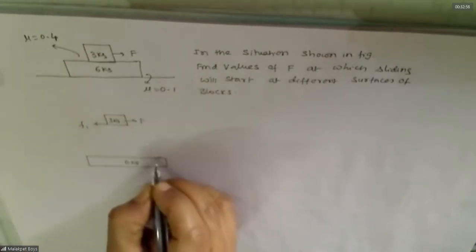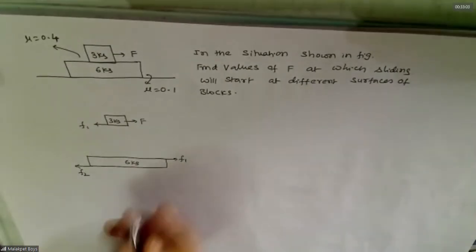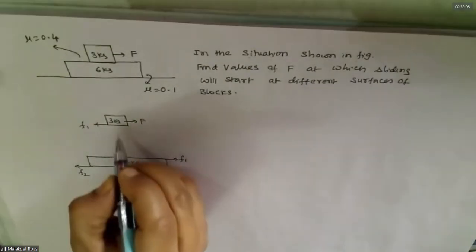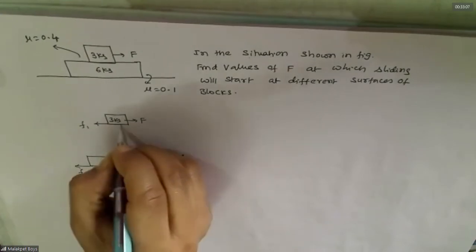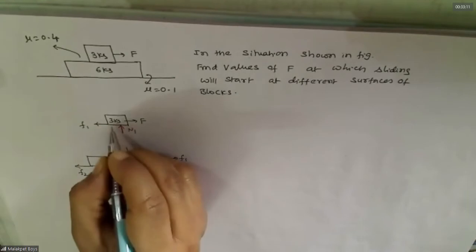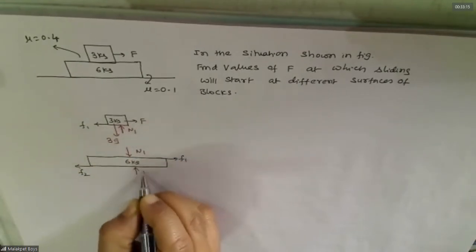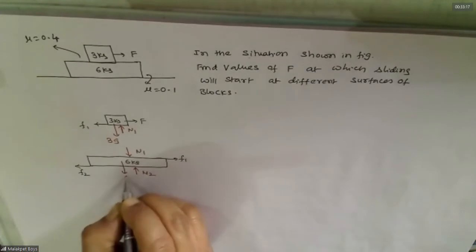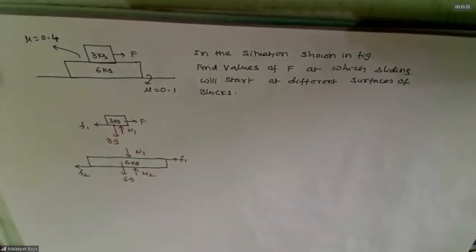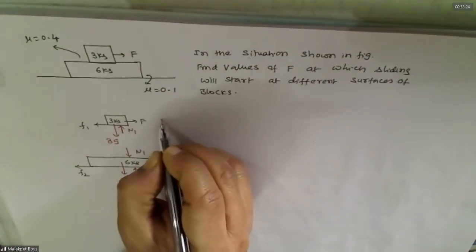Now this is F1, this is F2. Do you agree with this? And as usual, this is the normal reaction. N1, 3g. N2, 6g. Okay, you can see that.